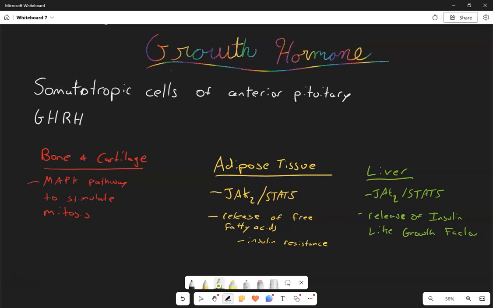At the bone and cartilage, it will directly cause cell division through that MAPK pathway. In adipose tissue, it leads to insulin resistance, which can help with the energy reserves that are necessary to stimulate growth. And at the liver, it's going to help stimulate the release of insulin-like growth factors, which then target other tissues to undergo mitosis and growth, or hypertrophy.